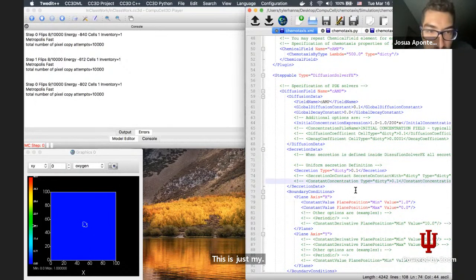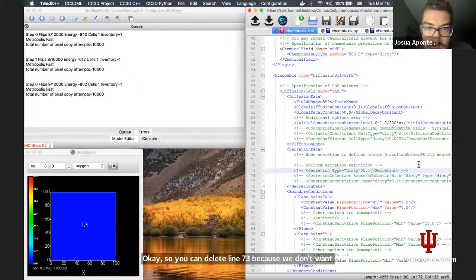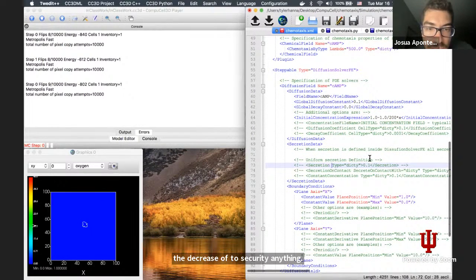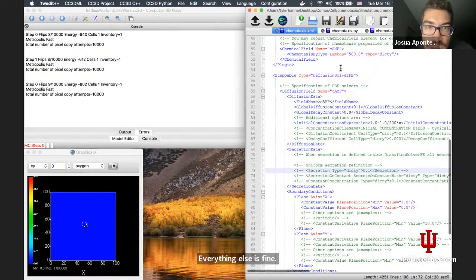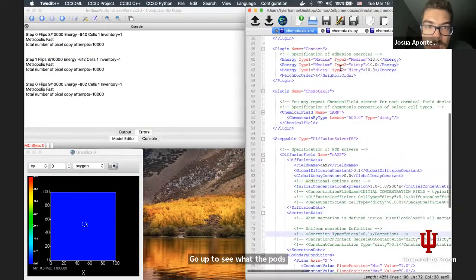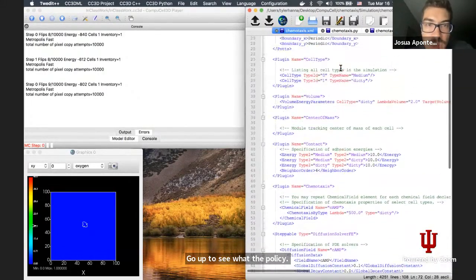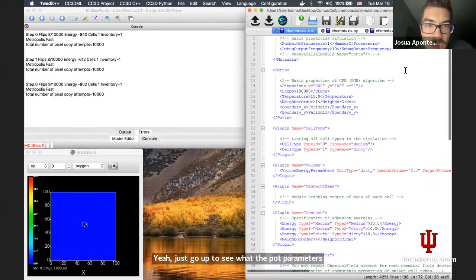Okay, so you can delete line 73 because we don't want the T cell to secrete anything. Everything else is fine. Go up to see what the pod parameters are.